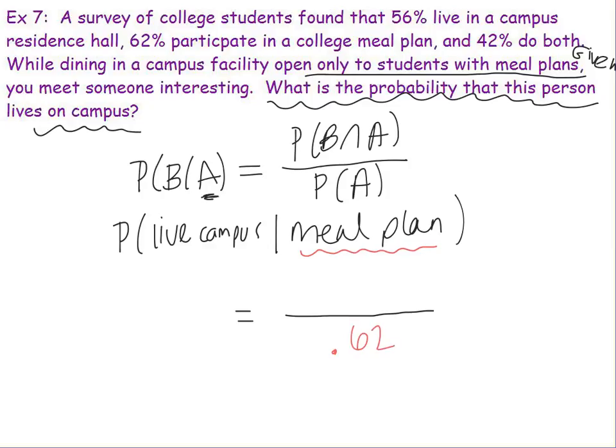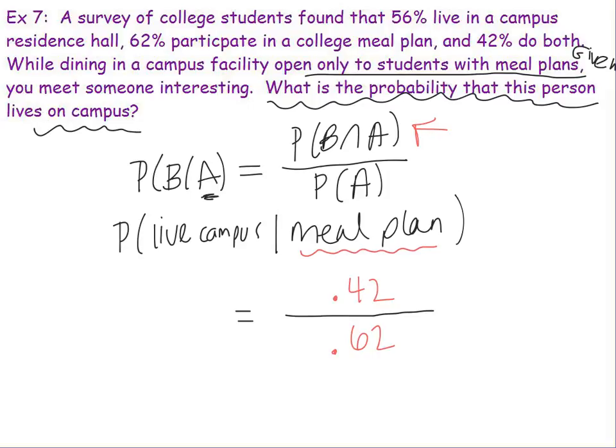The numerator is the probability of B and A. So the probability they live on campus and they have a meal plan. Well, if we look up in our word problem again, it says 42% do both. So that would be 0.42. Well, if you have one of my calculators, you can type in 0.42 divided by 0.62.